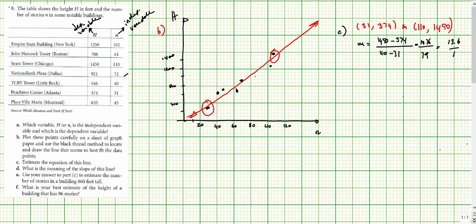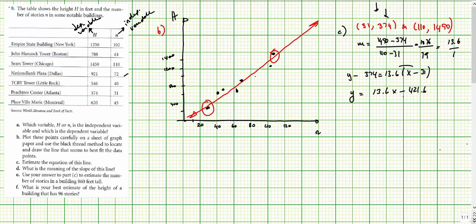Alright, so then I'm going to use this point. y minus y sub 0 is 374 equals slope times x minus 31. So y is equal to 13.6x minus these two multiplied. 13.6 times 31 is 421.6.